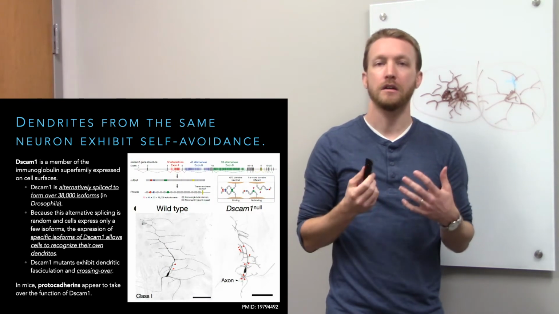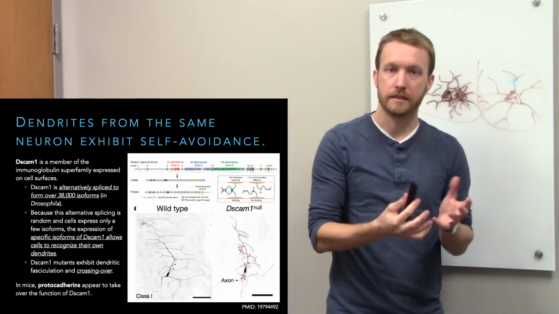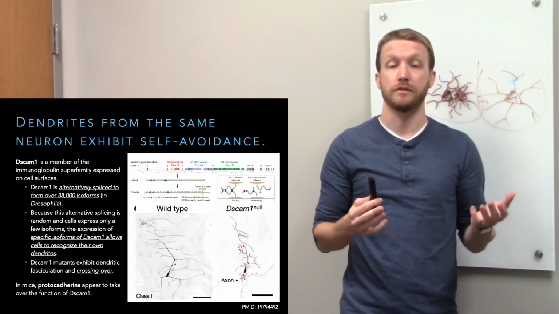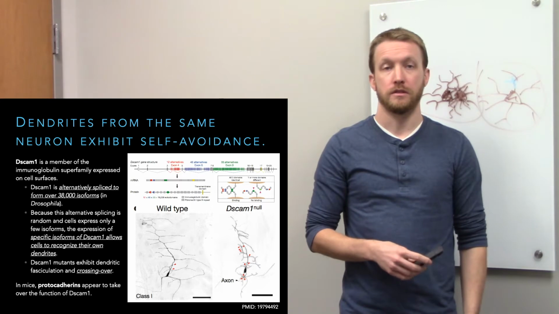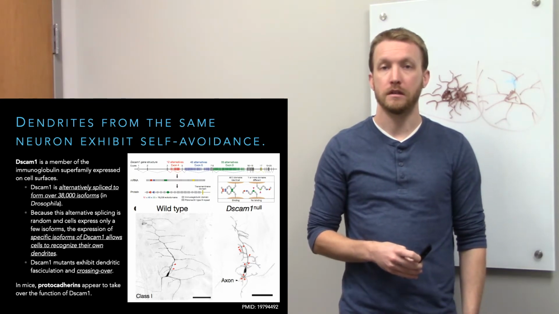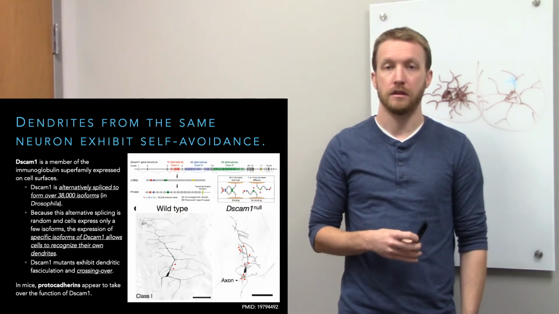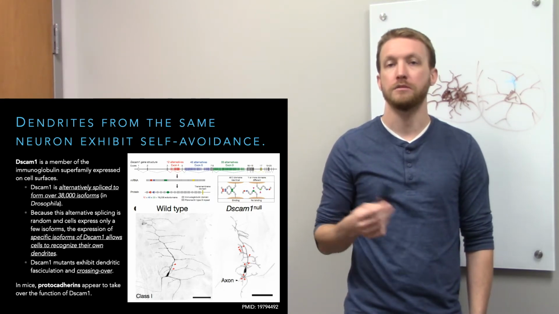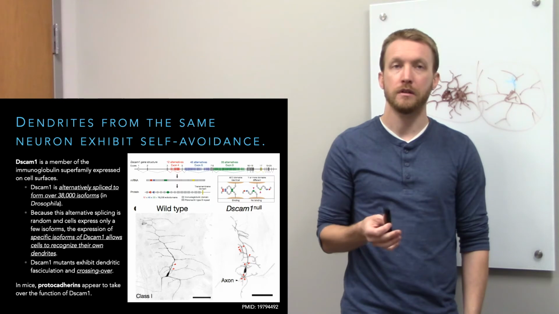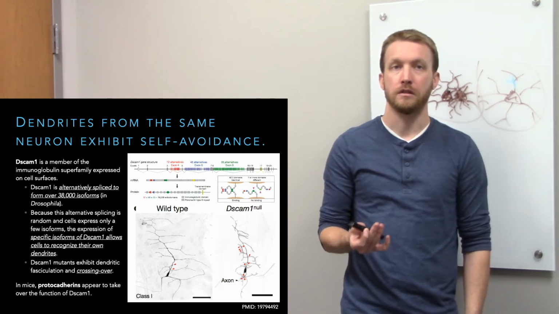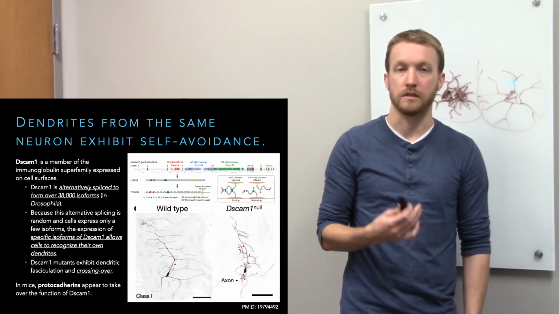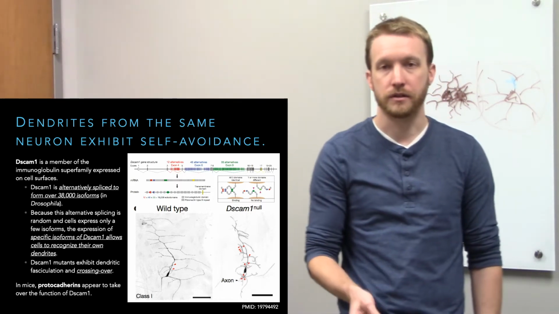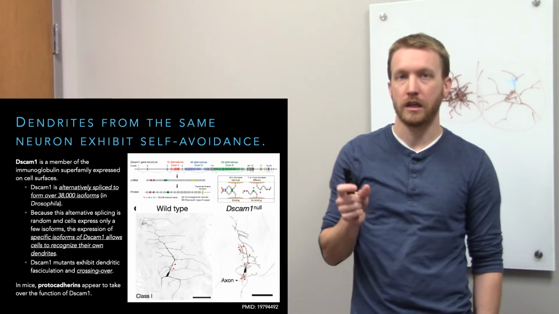Now, how does a neuron know its dendrite from its neighbors? And that's of course going to depend on surface proteins. So in mice, we think it's going to be different forms of protocadherins. These are just cell adhesion molecules. We have a pretty good understanding in Drosophila. So DSCAM1, or Down syndrome cell adhesion molecule 1, is alternatively spliced at a few different locations.